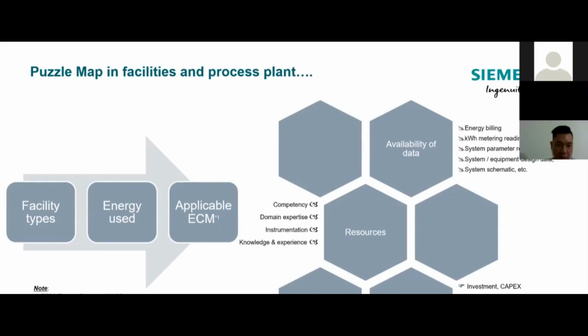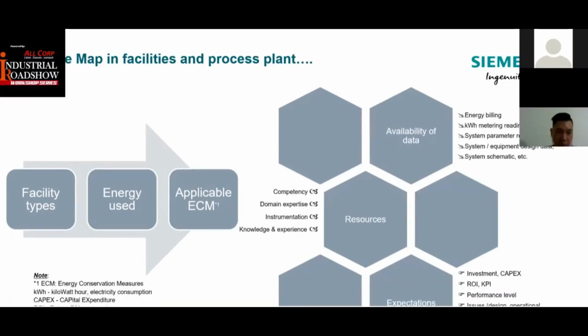We will be looking at data from existing measurement systems, either your SCADA system or your energy management system, or even from your building. With that information, we also require the system parameters, the equipment that's being used in the building.